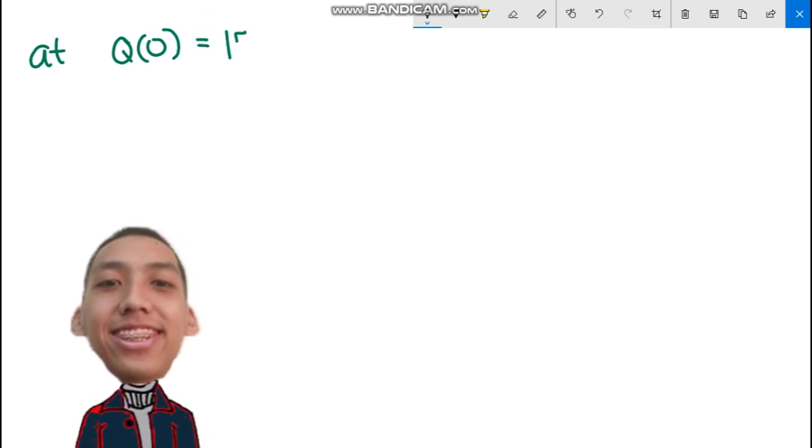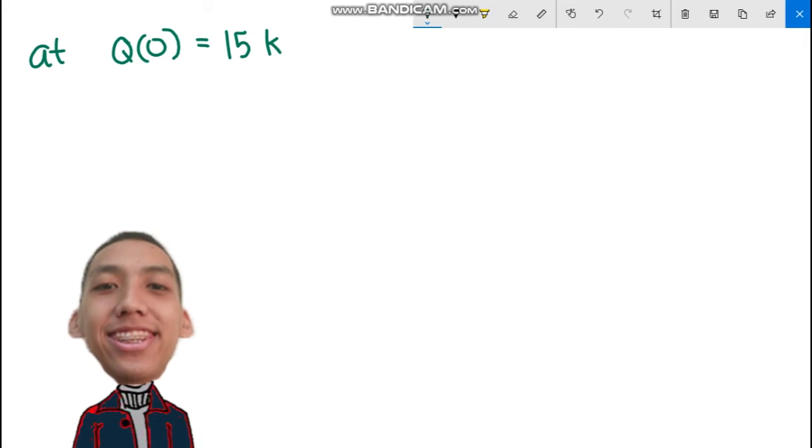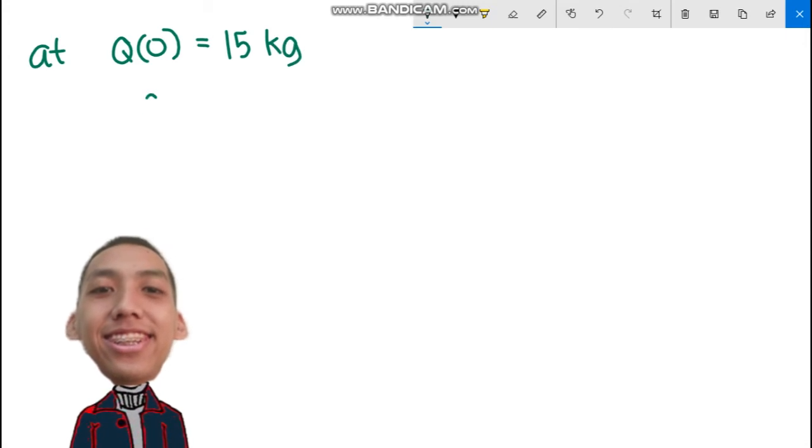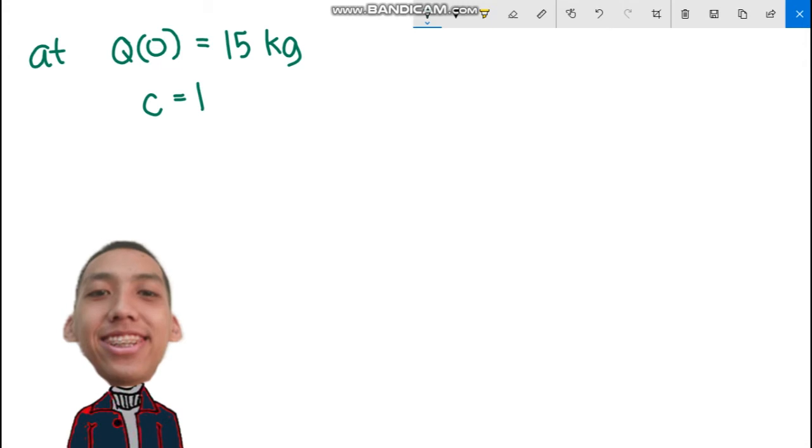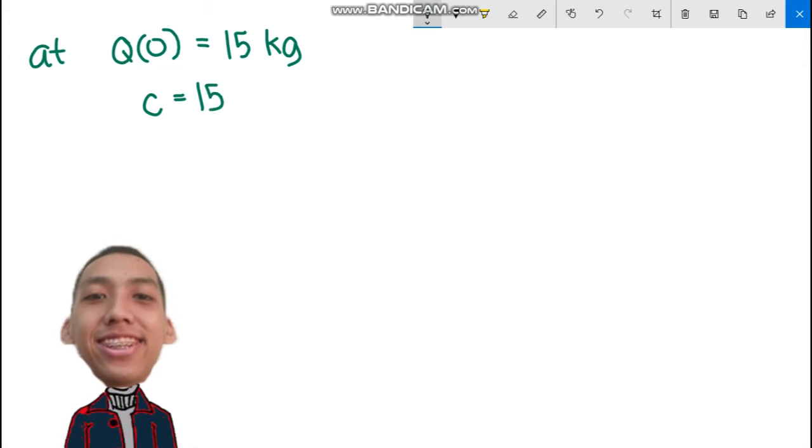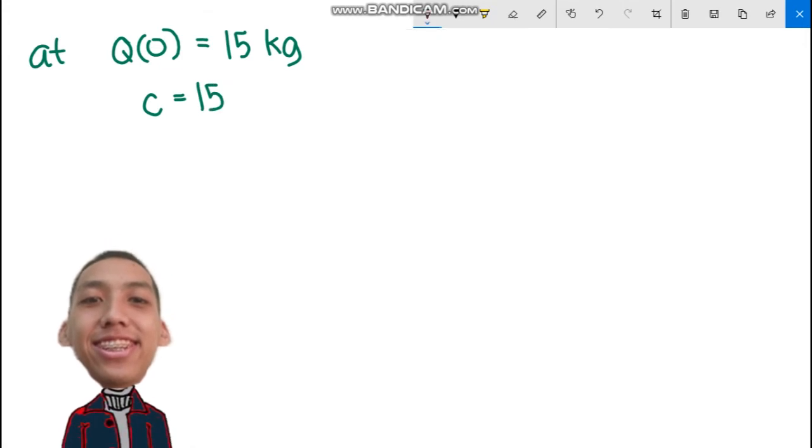Since the general solution is C e raised to negative t over 100, we will input 0 for t. Therefore, it will be C e raised to 0, and e raised to 0 is equal to 1, so C is equal to 15. Therefore, Q of t will be 15 e raised to negative t over 100, since C is 15.